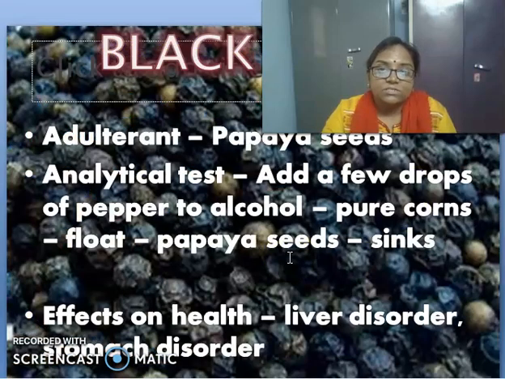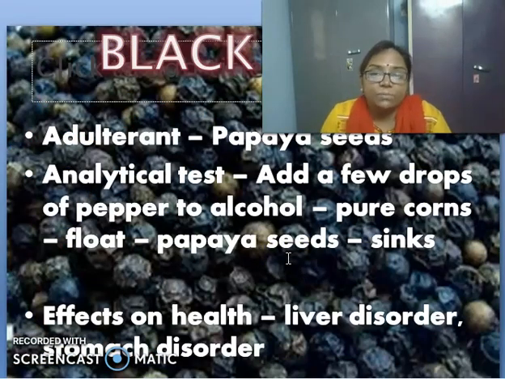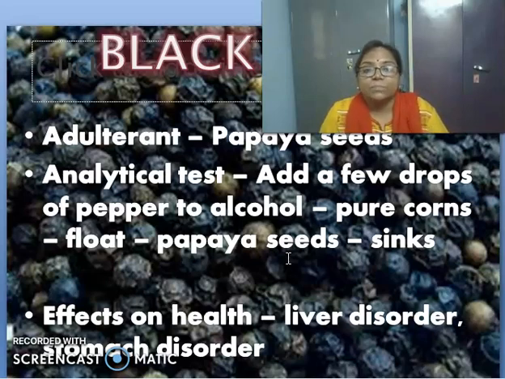Next one is the detection of adulterants like papaya seeds in pepper. When papaya seeds are mixed with black pepper, and the sample is added to alcohol, the pure peppercorns float.